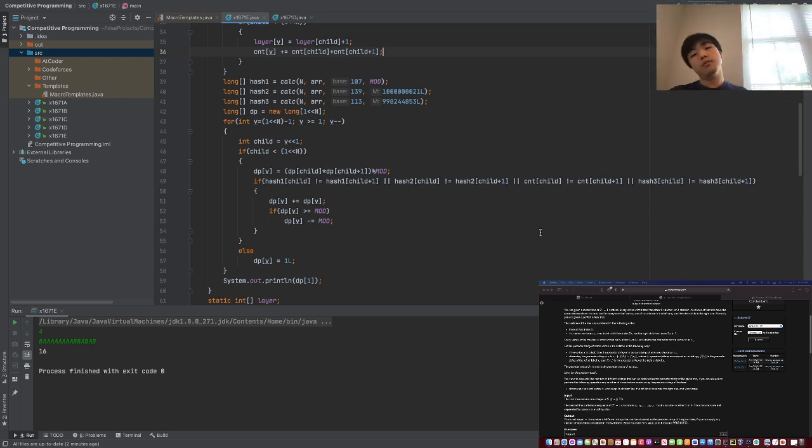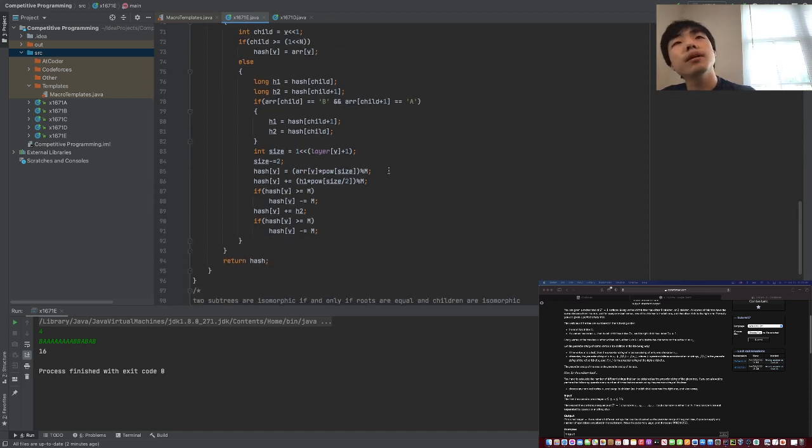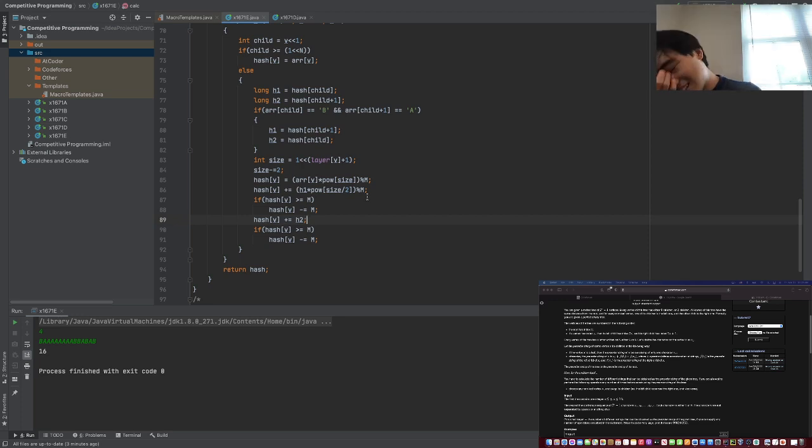Because what happens is, if these are not isomorphic, then there's going to be some section that will never be the same. Yeah, that section will never be the same, the whole string will never be the same. Oh man, what could I do? What could I be doing wrong though? That's so weird. This case 28.